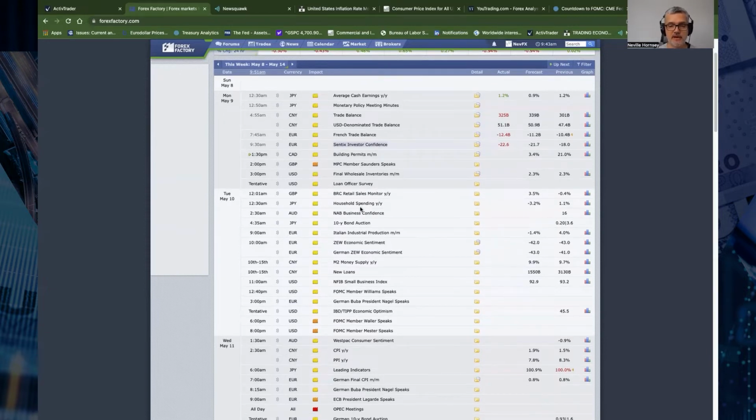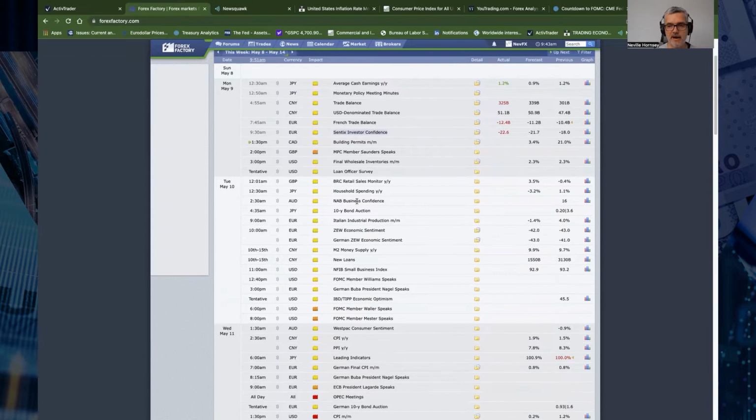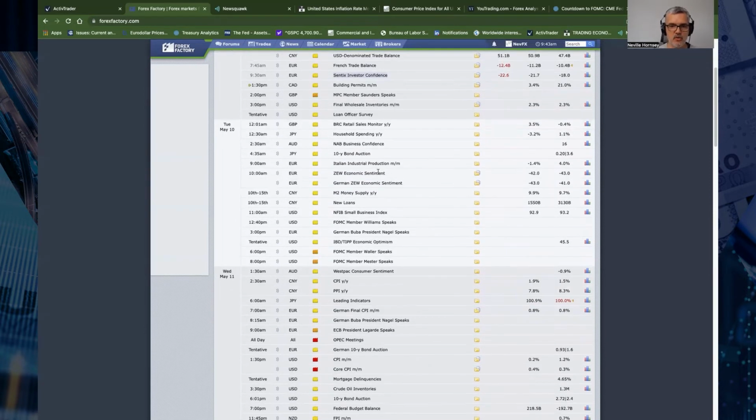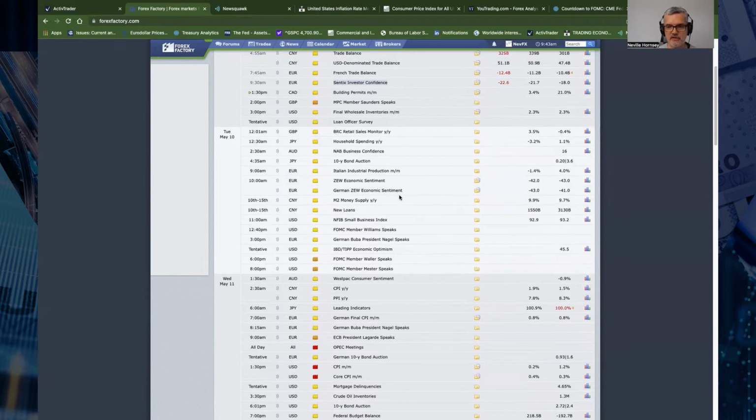Brexit's also being talked about in the news today, so the pound versus the euro is going to be affected by Brexit negotiations. But we'll talk about that in the future. Tomorrow, we've got more economic sentiment from the ZEW, probably going to come in mixed across the euro and the German readings, but still pretty bad compared to historical readings. So again, probably going to weigh on the euro.